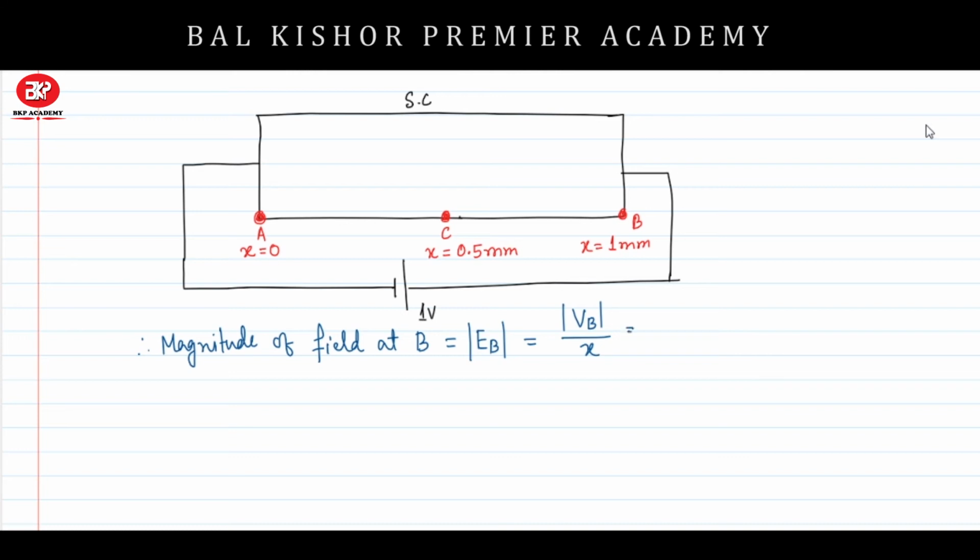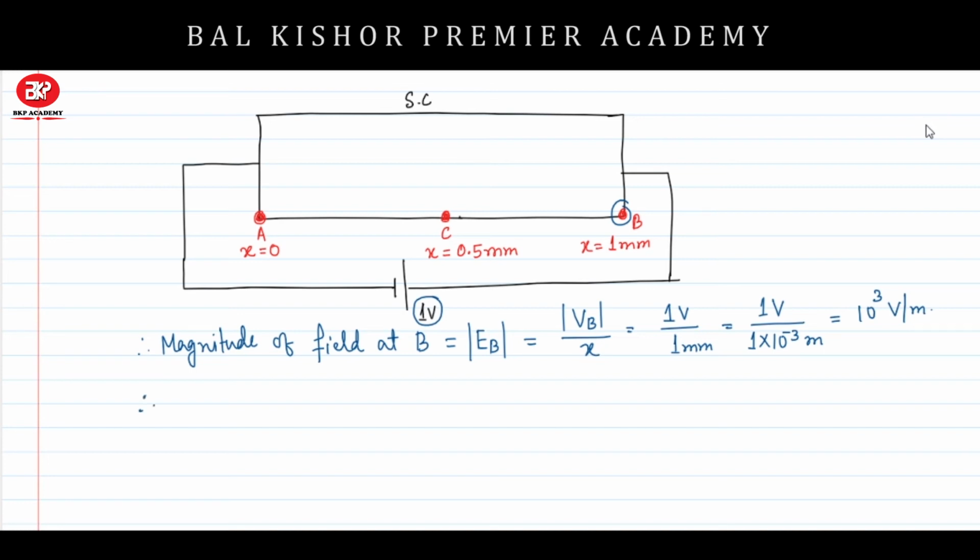The potential at this B point will be 1 volt because I have applied 1 volt here, and the value of x is 1 millimeter. I can write this 1 millimeter as 1 into 10 to the power minus 3 meter. So it will be 10 to the power 3 volt per meter. This is the value of the electric field at the position B.